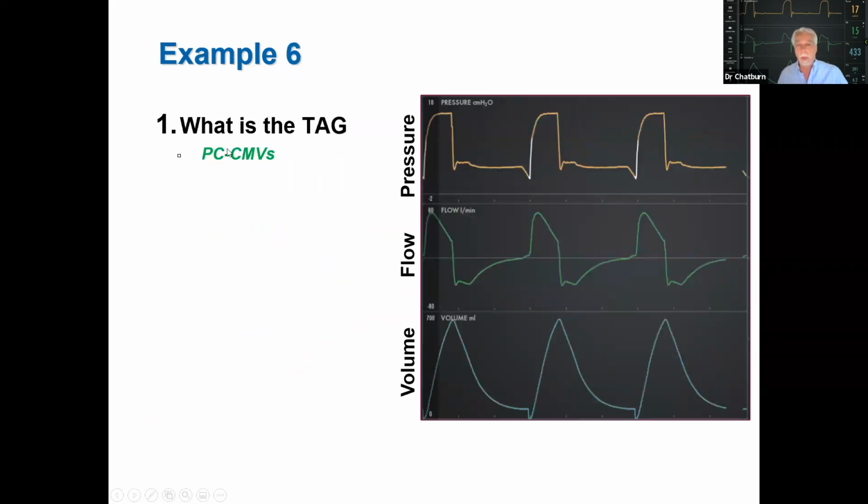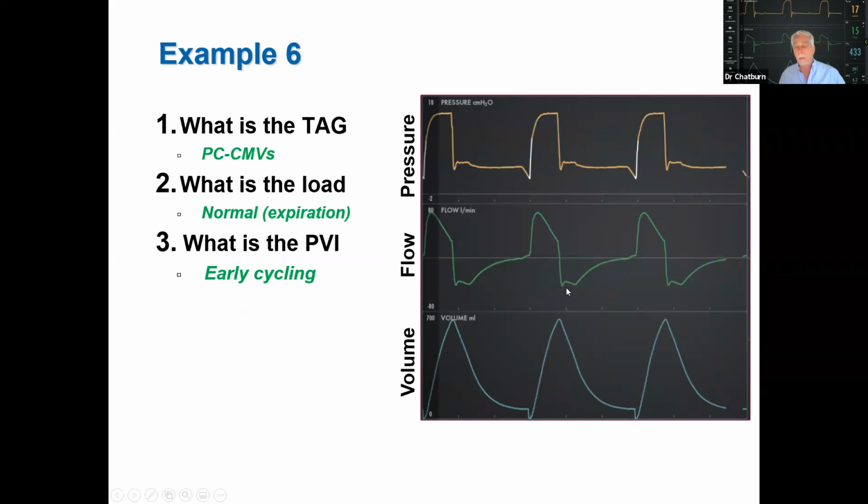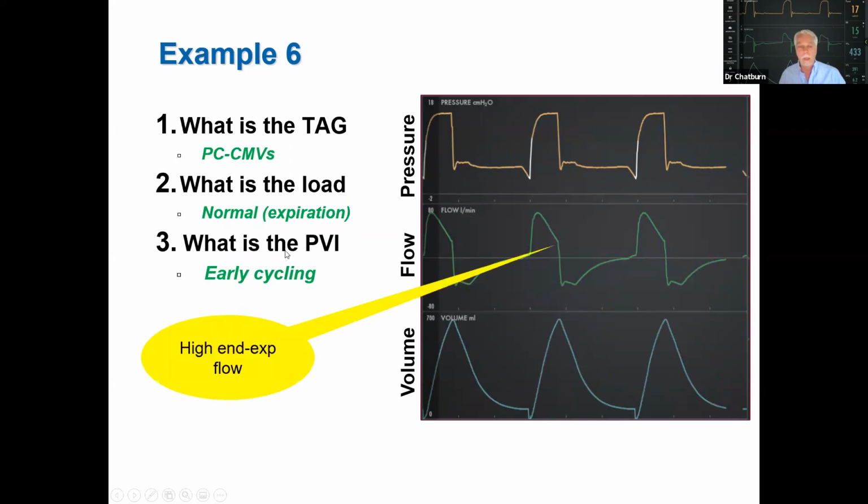Another example, here we have pressure control, continuous mandatory ventilation. We recognize this from the pressure, volume, and flow waveforms. We have a normal expiration except for this area right here. And what's happening is that the peak expiratory flow is being distorted because you have a high end expiratory flow.